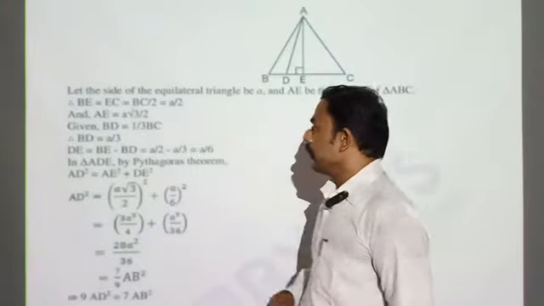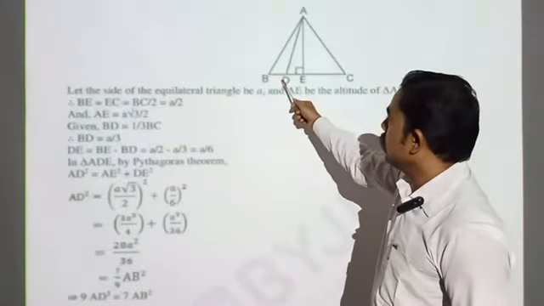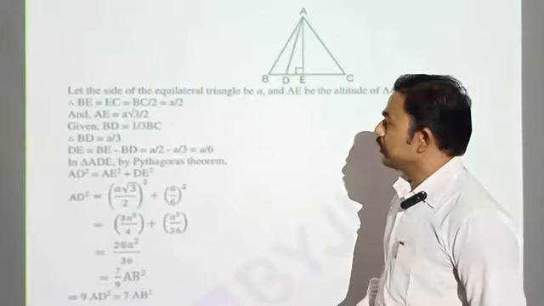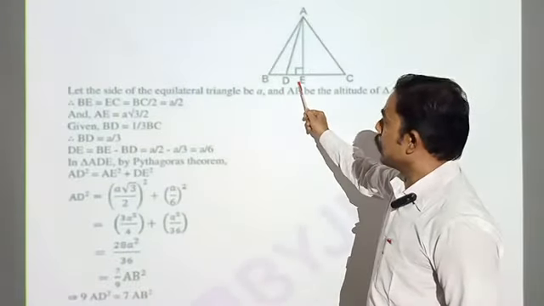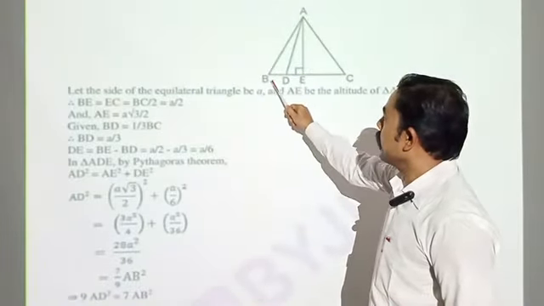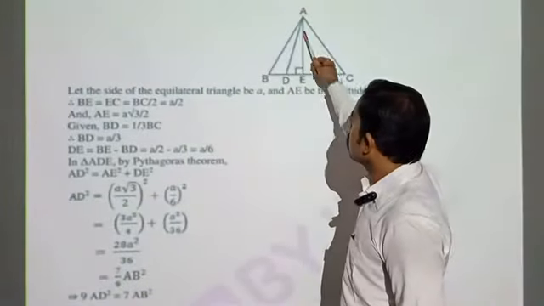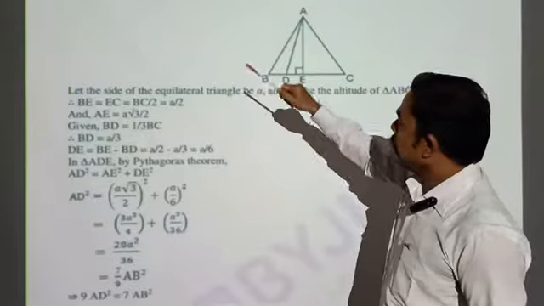So BD is equal to A by 3. Why? Already we have BD equal to the given 1 by 3 BC, so A divided by 3. Now we need DE. So DE is nothing but BE minus BD, because we need this triangle, AD and AD.